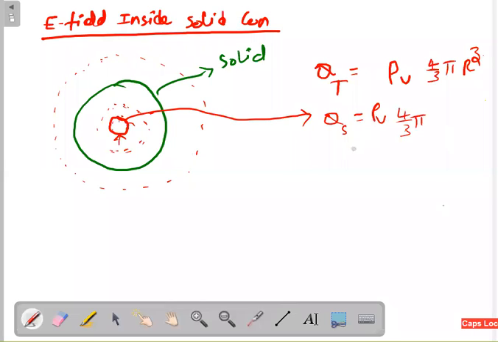This is your total charge. Okay, please wait a bit. And it is very clear, if your r increases, definitely your Q also will increase.